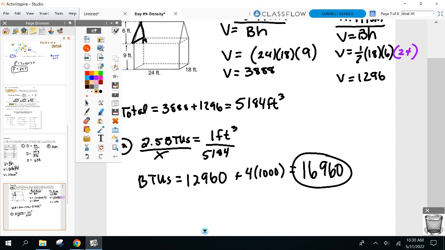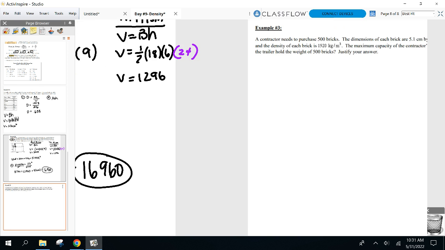Anybody know the conversion? I'll give it to you. I'll always give it to you, and if I don't give it to you, it's on the formula sheet, which I don't think this one is. So I'm going to have to give it to you. Anybody know it though? Want to show off how many centimeters? Yep. All right, 100 centimeters in a meter. So this is where we're going to start this problem off.